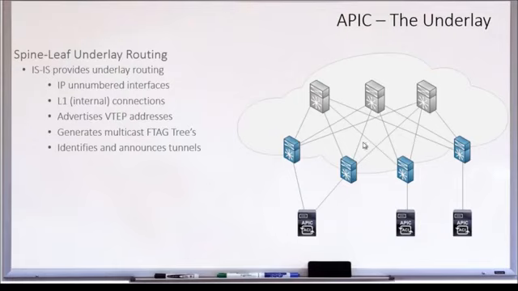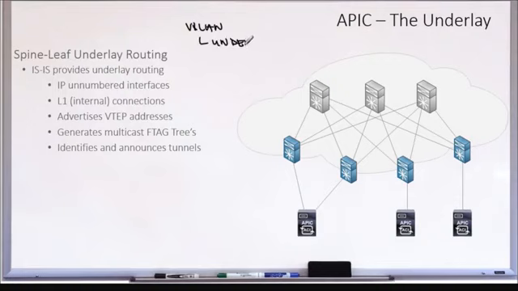Now, part of VXLAN, if you haven't taken the VXLAN course or looked at any of the VXLAN videos that are out there, there are two real components to VXLAN. VXLAN is composed of an underlay, and then the part we deal a little bit more with, which is the overlay.